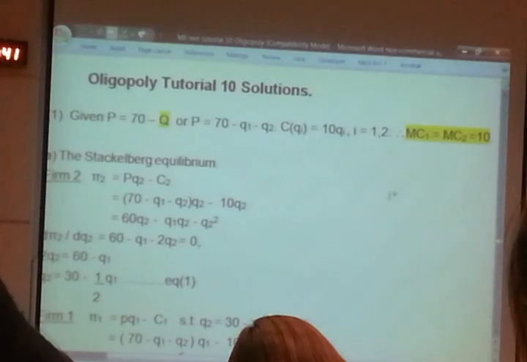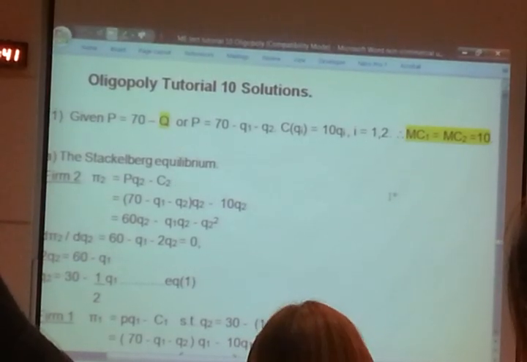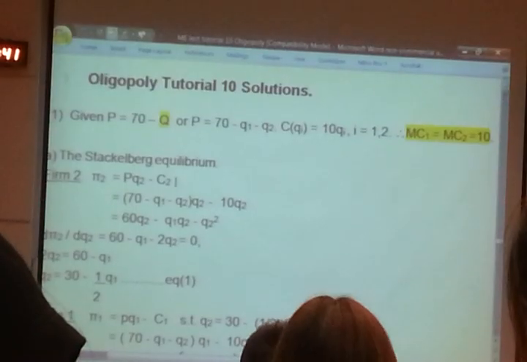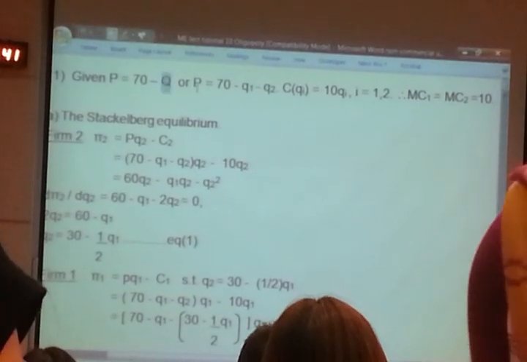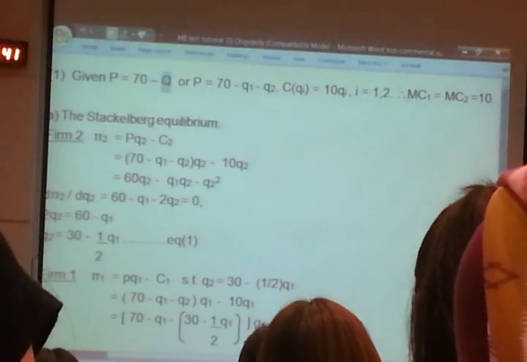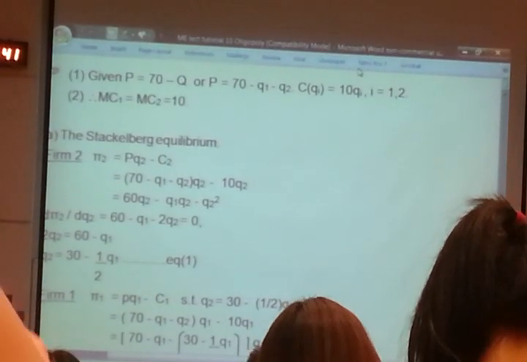So just find the average cost of the firm. 10. Right. So for the first step, do you start with firm 1 or firm 2? Firm 2. Okay. So we'll start with firm 2.